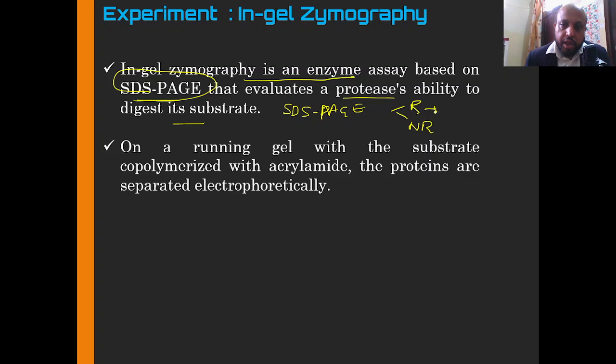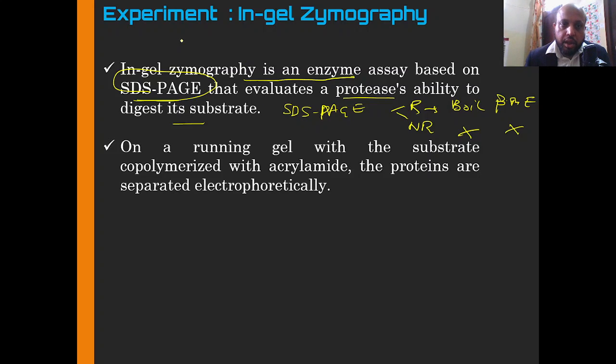In a reducing condition you boil your samples before loading to make them linear, and you also add your reducing agent like BME, that is beta mercaptoethanol, or DTT. In non-reducing condition you don't boil them and you don't add your reducing agent. So if there are subunits, then they will be separated out.